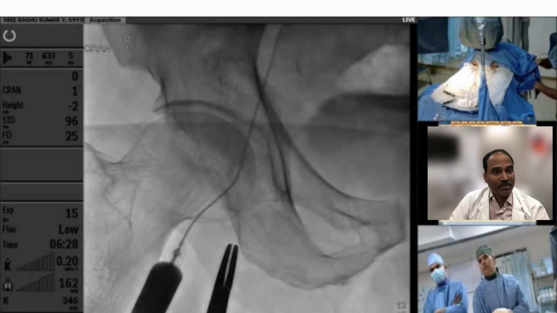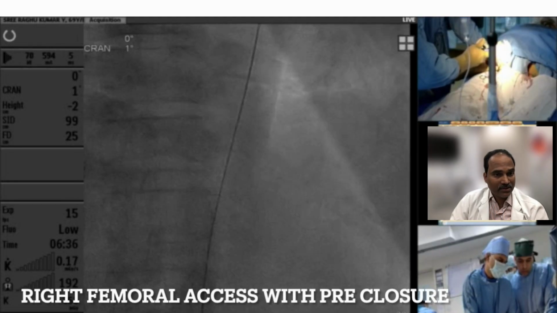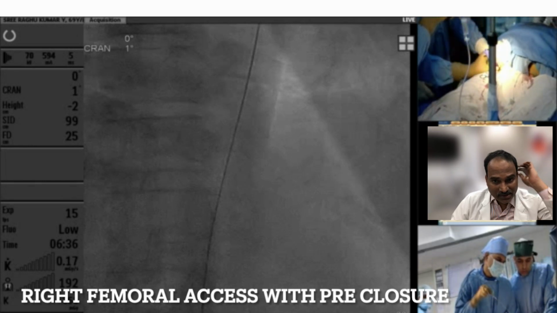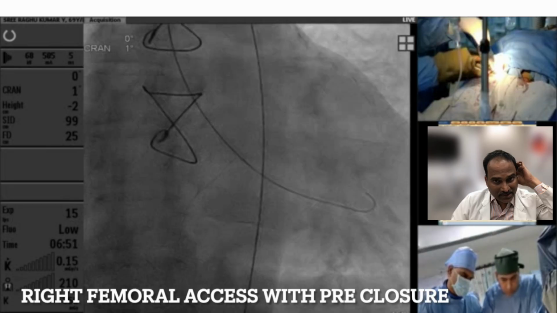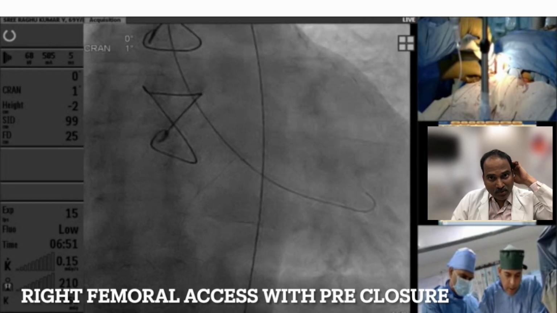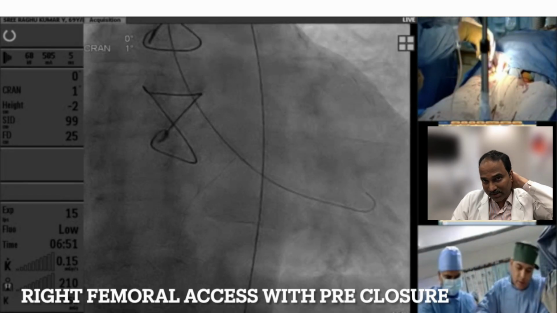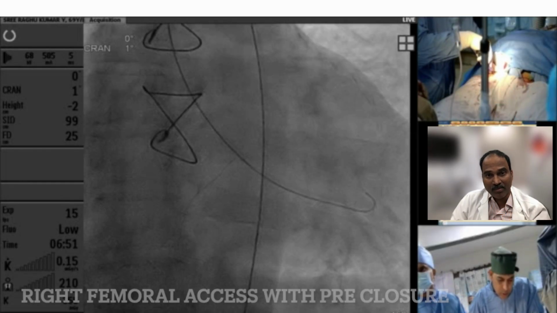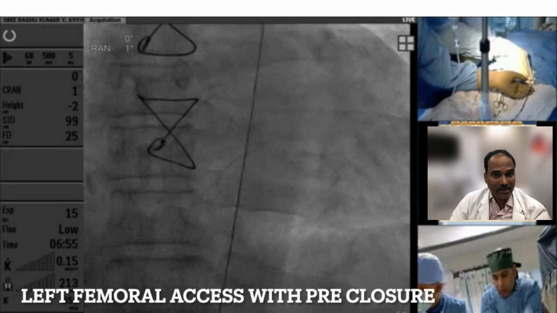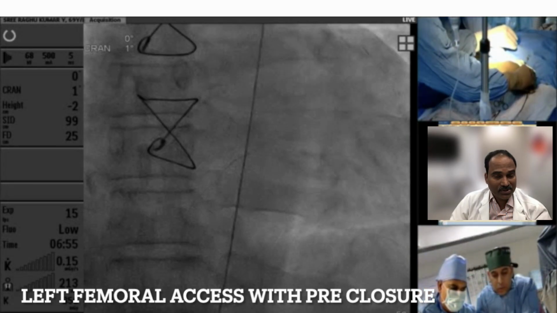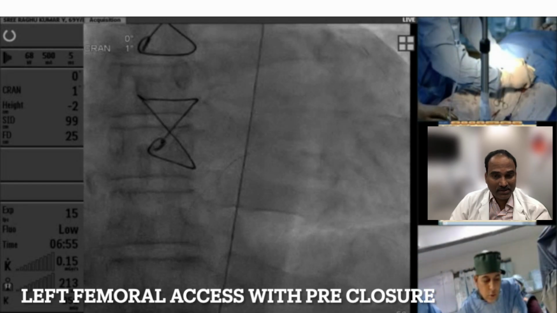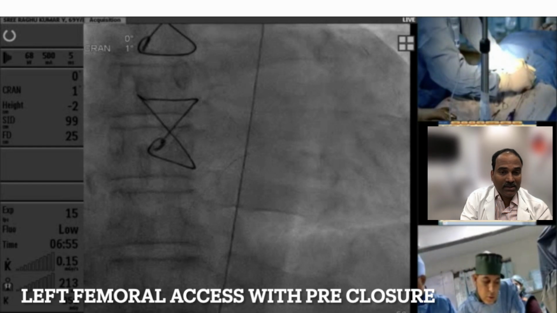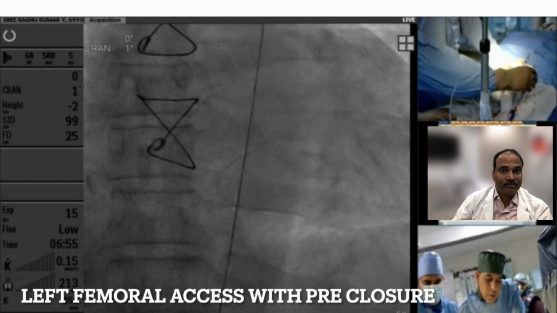And his femoral artery is on the right side, so we took the right side as the main graft insertion. The femoral artery was 6 mm, as I already discussed. So we did pre-closure with two ProGlide devices, followed by left femoral artery puncture, where we inserted one ProGlide on the left side.